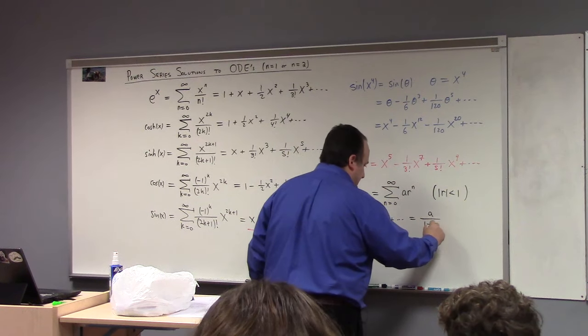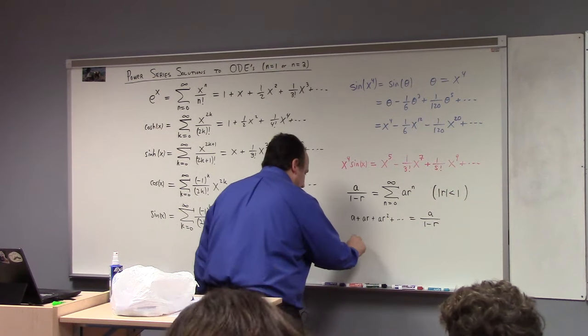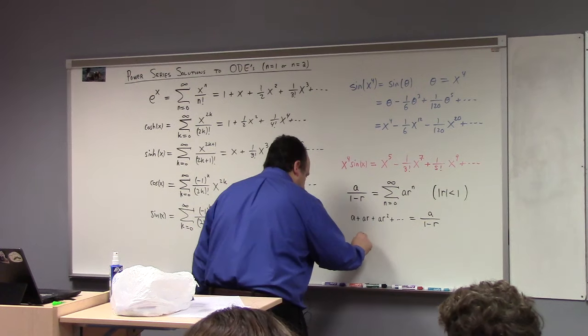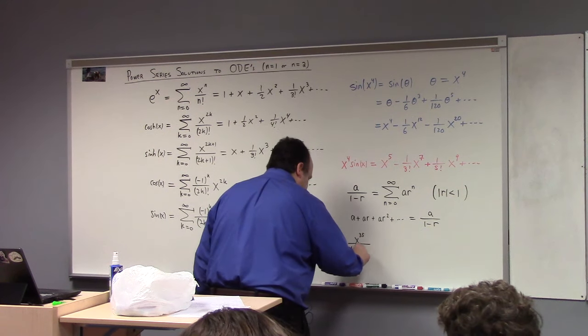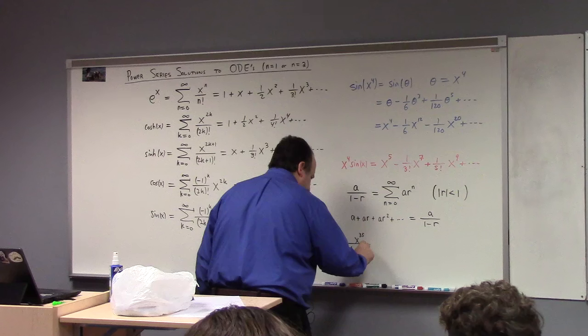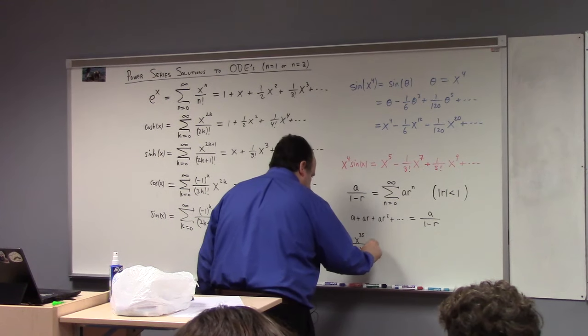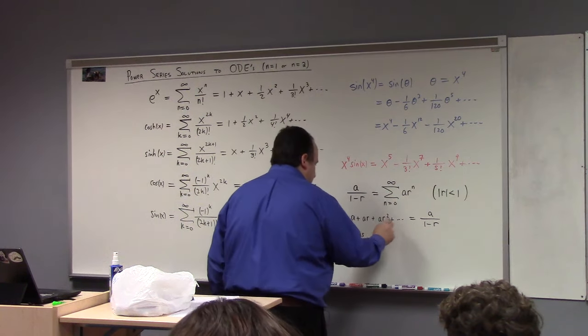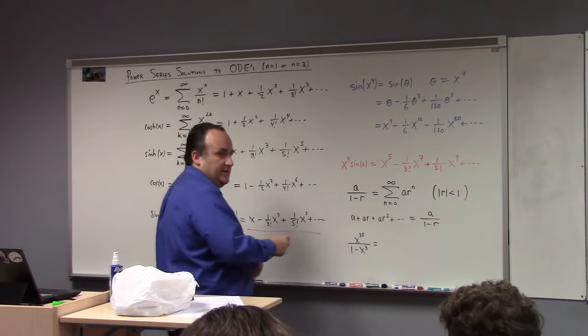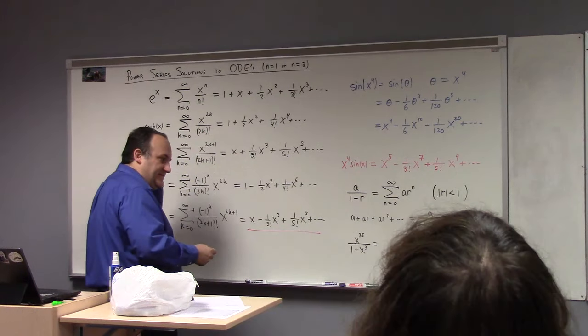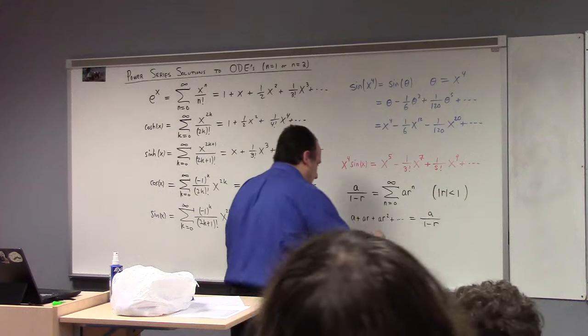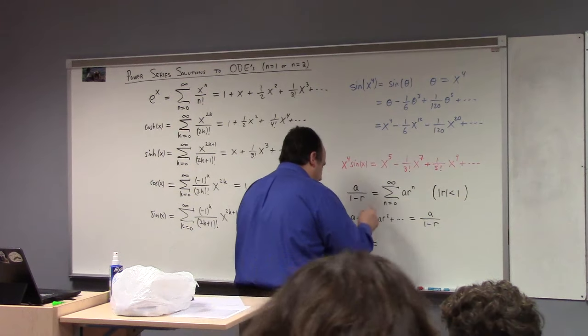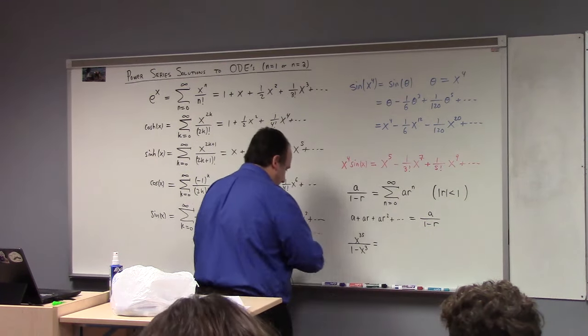That's the geometric series. So for instance, if I have x to the power 35 over 1 minus x to the 3rd, all right, notice that you could factor the a out, but I guess I won't. So identify what's going on here.